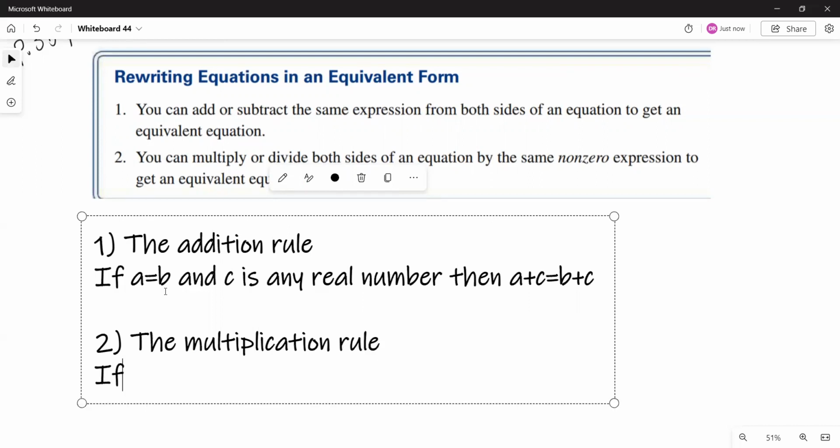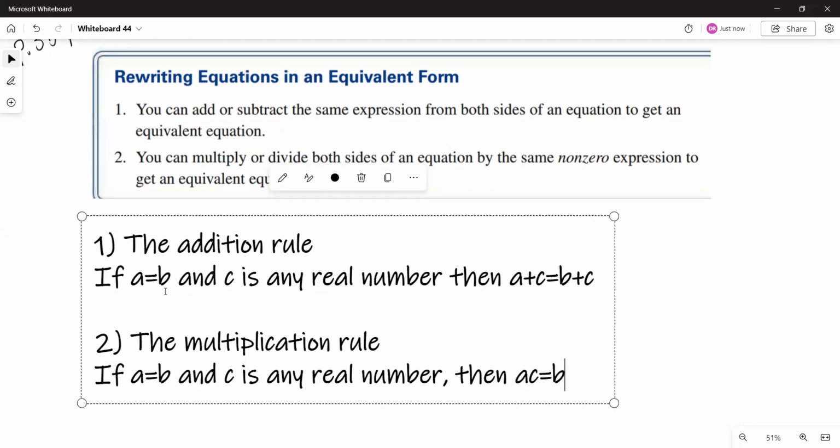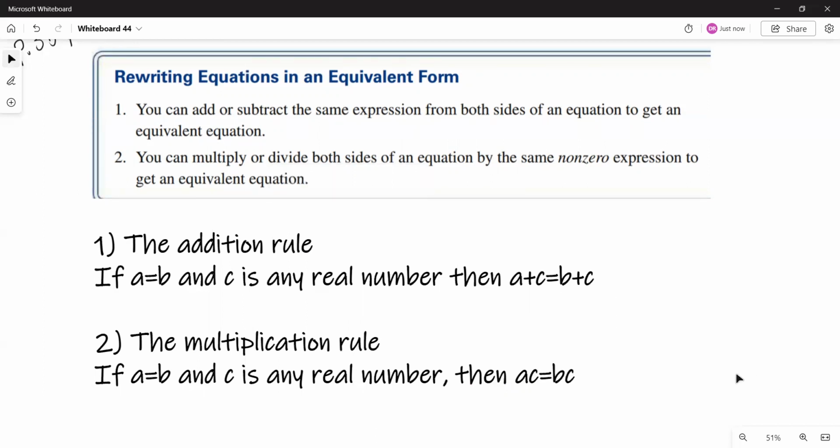It says that if A equals B and C is any non-zero real number, or it can be a real number, then A times C equals B times C. So that's not going to change. Multiplying the same thing to both sides is not going to change the fact that both things are equal.